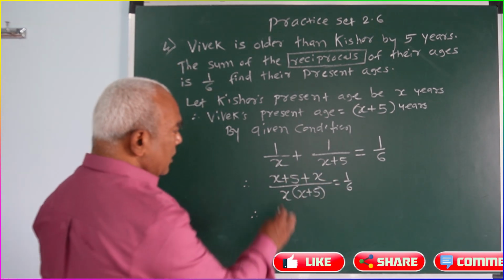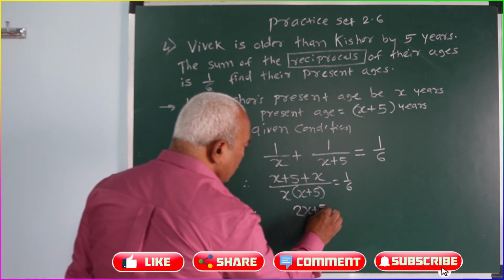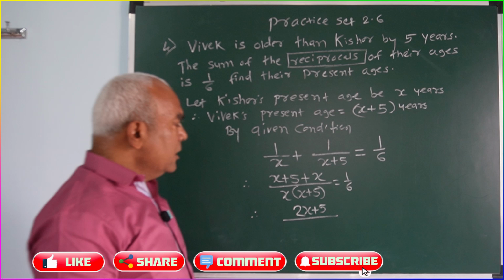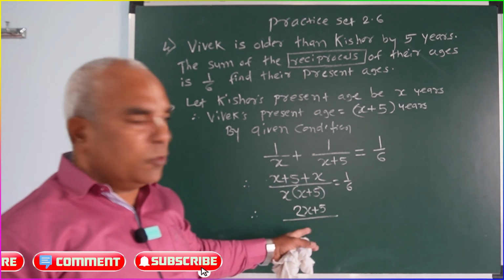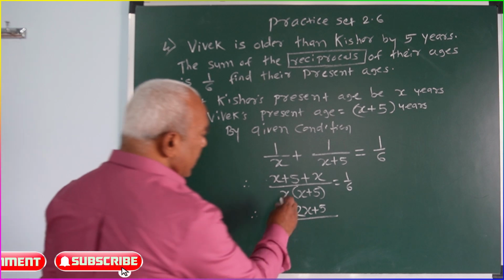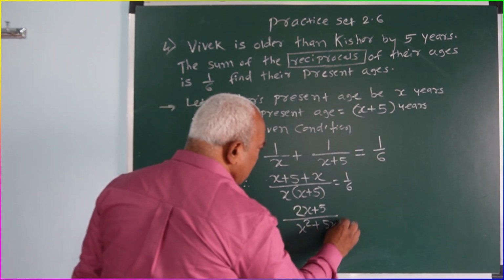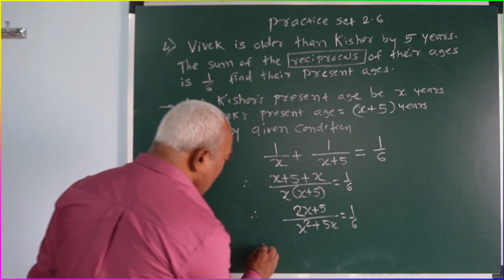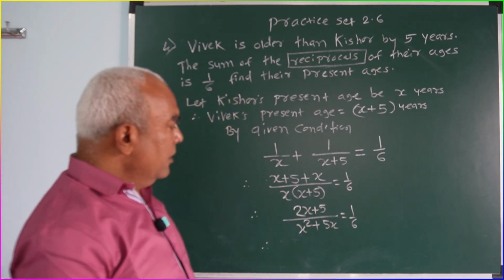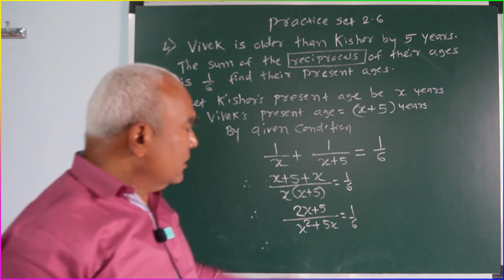Now see here, x plus x, how much is coming? 2x plus 5. Now the denominator is x square plus 5x, equal to 1 upon 6. Now see here, an important rule in mathematics.